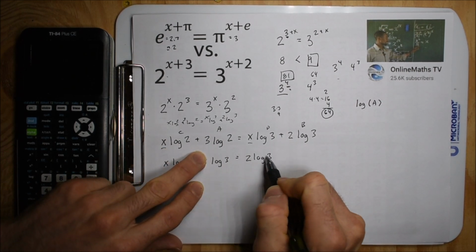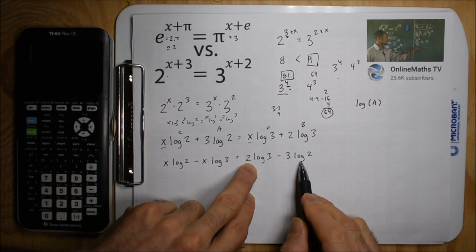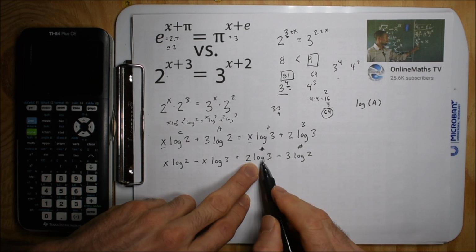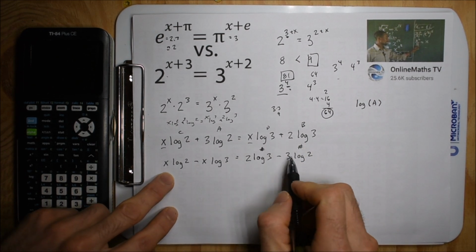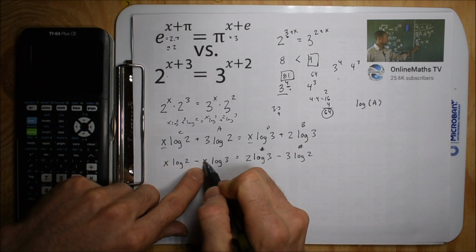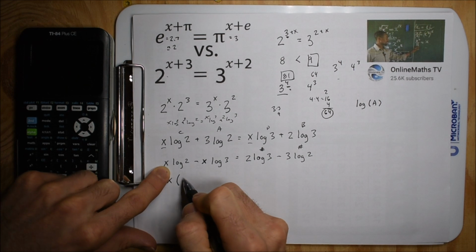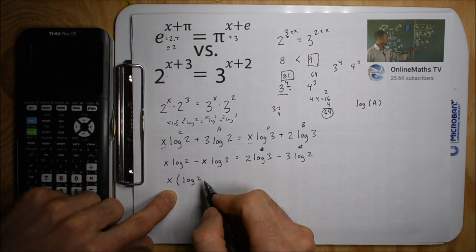But now let's move this one to here. And these are just numbers. At a certain point, you just got to say, who cares that it's a log? It could be a stick. They're just numbers. This is a number, but you have to multiply it by the x. So we're going to factor out. I don't even like to use words like factor. I just say, hey, do this.